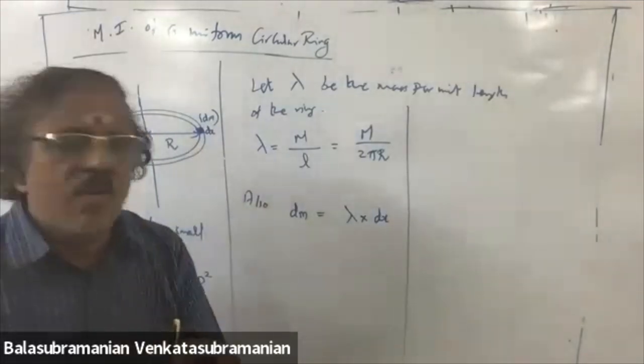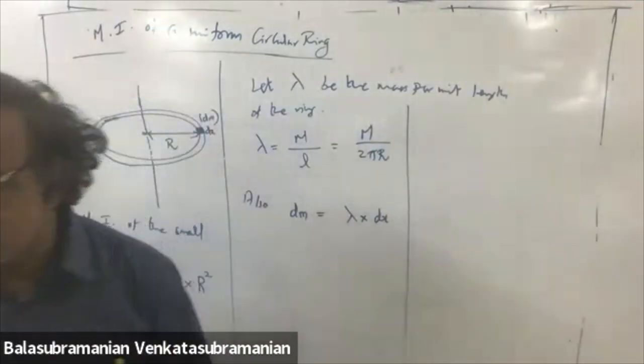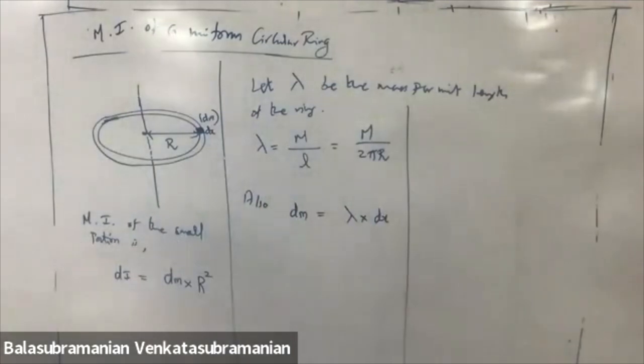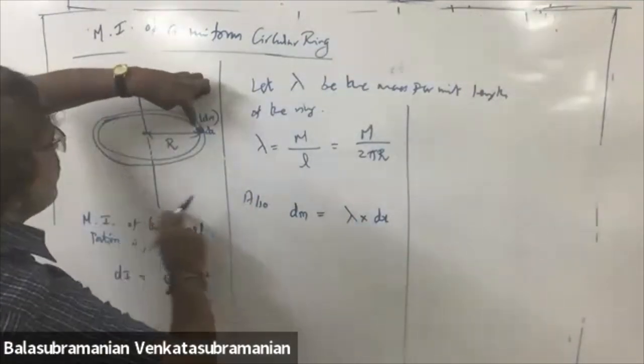Our aim is to calculate the moment of inertia for the entire ring. Entire ring means what limit we have to put? Limit of integration: we start from 0 for the full ring.